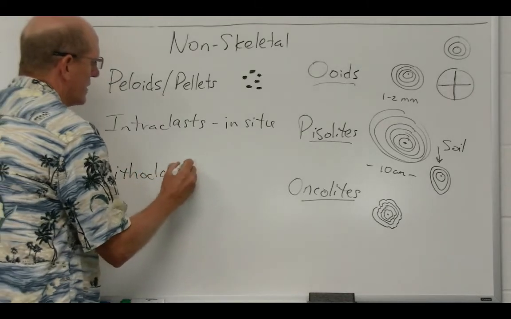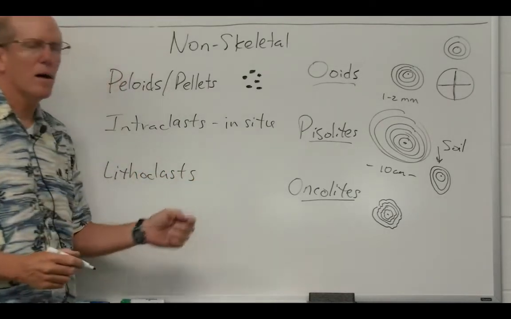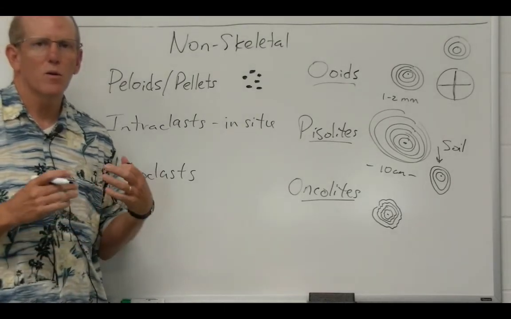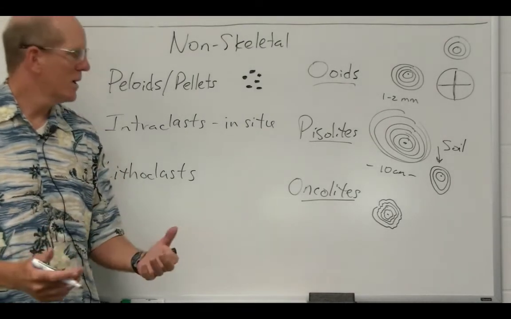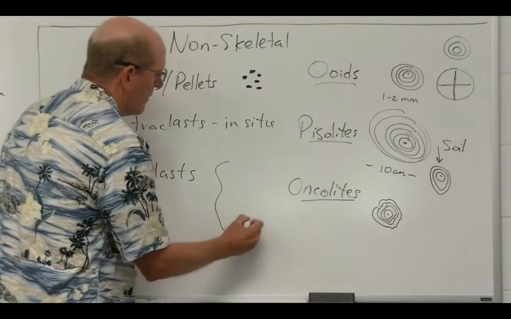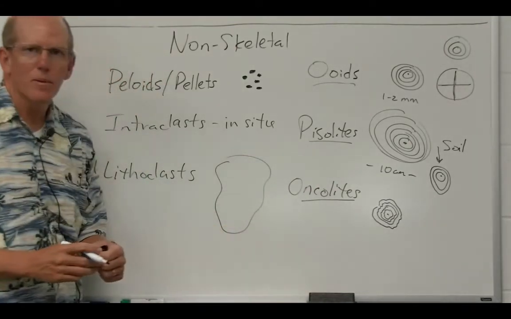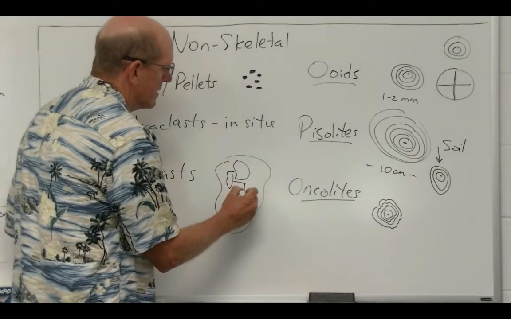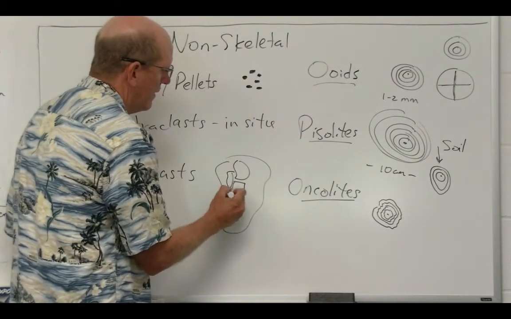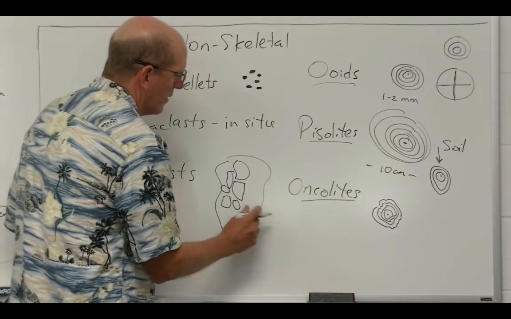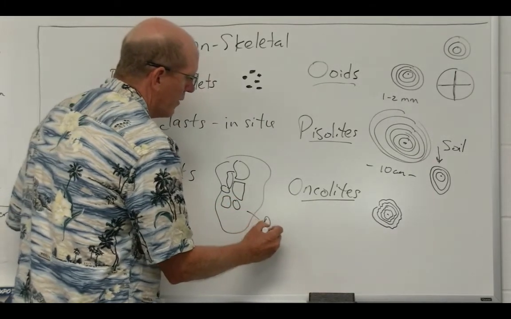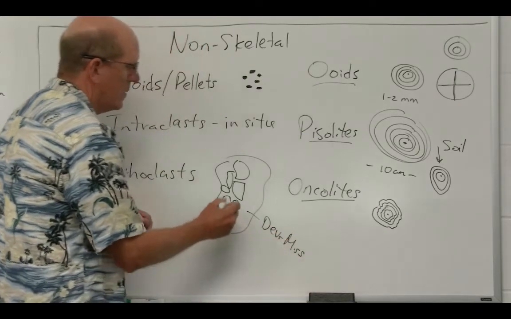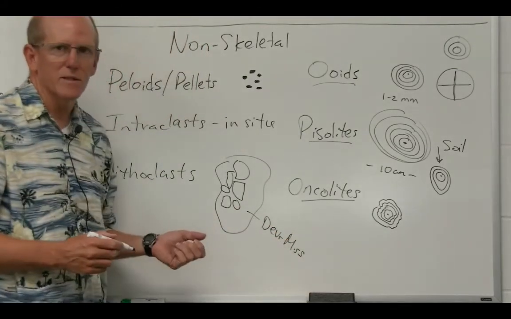Okay, we also have things that we call lithoclasts. These are much harder to tell apart, but commonly when you're looking at a lithoclast, you're looking at a rock that has a much older age in a much younger rock. The example I like to give is when you're at field camp, you're going to be looking at a rock that's made up of a whole bunch of clasts of Cambrian, or mainly Devonian through Mississippian carbonates, but the rock itself formed during the Cretaceous.